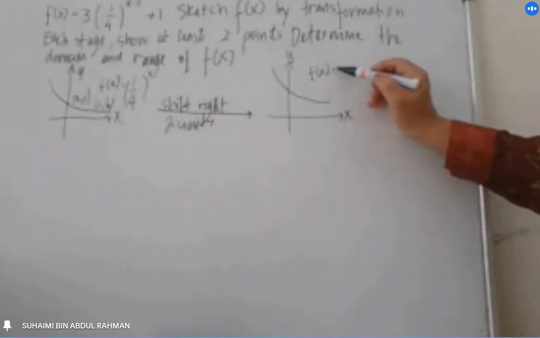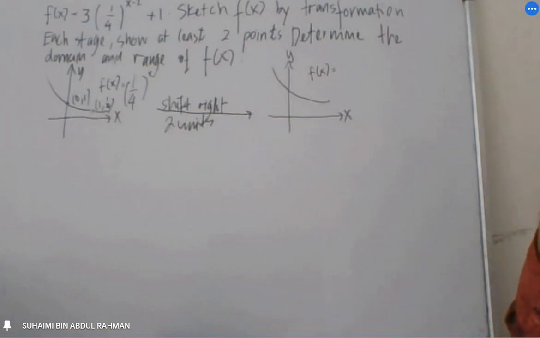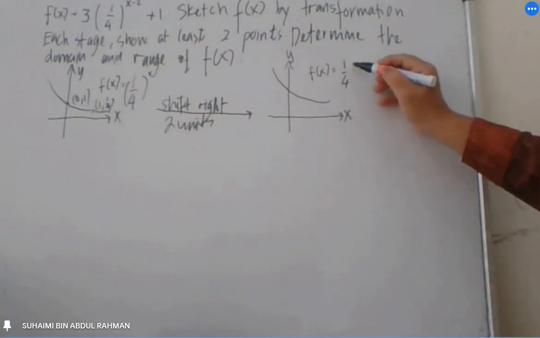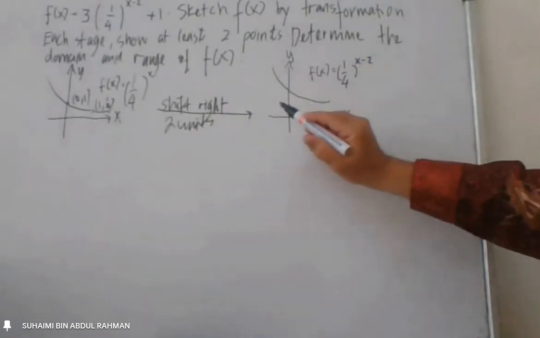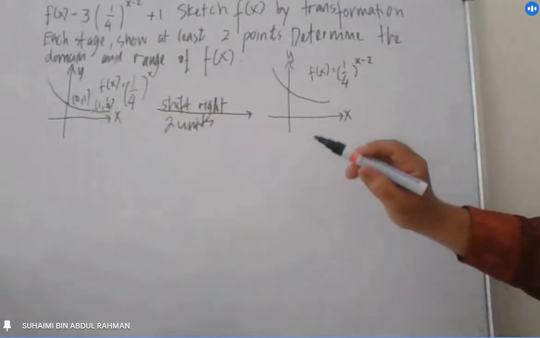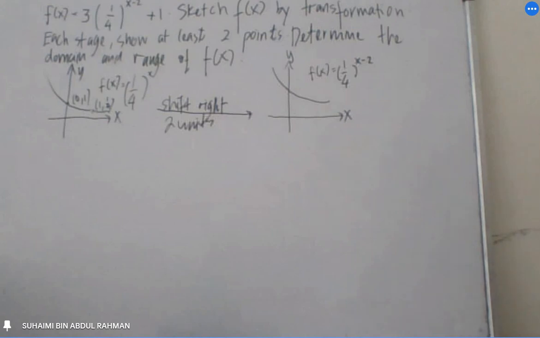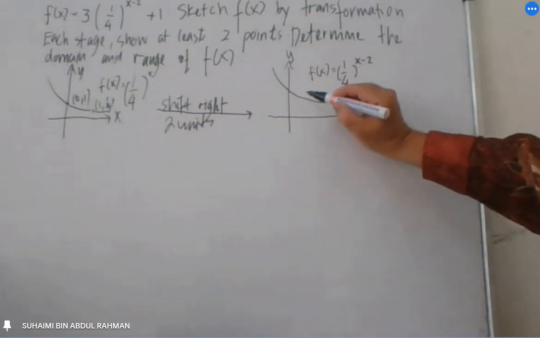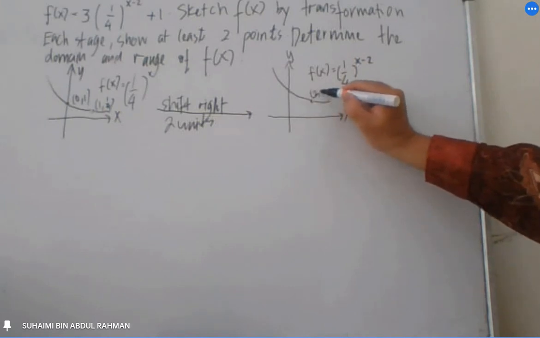And our function now, what becomes our function now? The new function is 1/4 to the power of x minus 2. So the point 0, 1 will go to the point 2, 1.